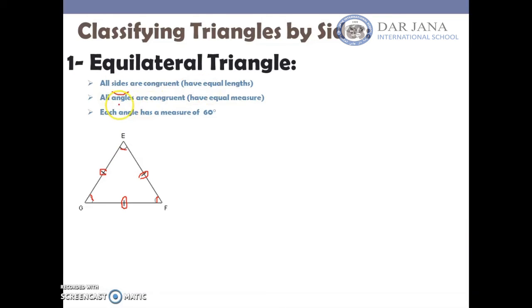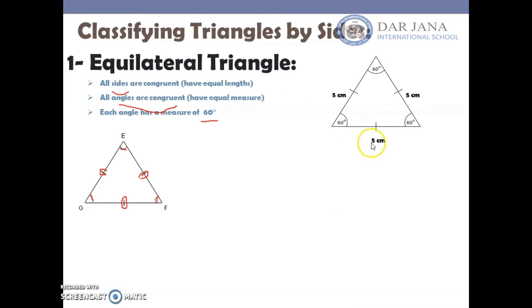All angles are congruent also, they have equal measures. And if all of them are congruent, then each one of them will be 60 degrees, because 60 times 3 equals 180, and 60 plus 60 plus 60 equals 180 degrees. So in an equilateral triangle, all sides are congruent, all angles are congruent, and all of them are acute because they have a measure of 60. So an equilateral triangle is always also an acute triangle.